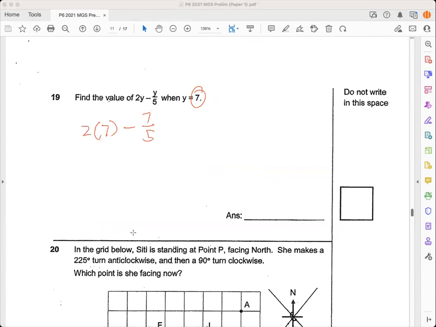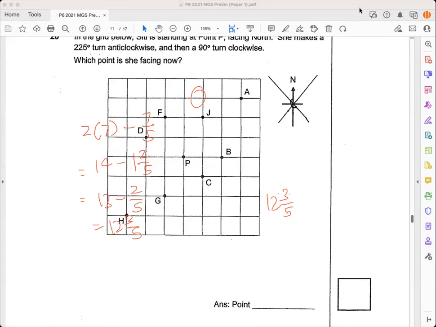Now 2 times 7 is 14, minus 7 over 5 is 1 and 2 over 5. So 14 minus 1 is left 13, minus 2 over 5. So this will be 12 and 3 over 5. That's not difficult. Let's continue with this question.